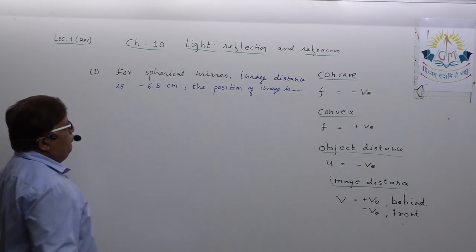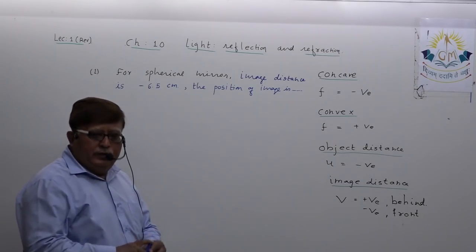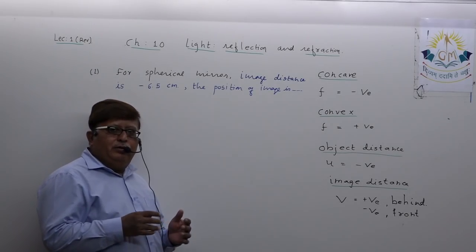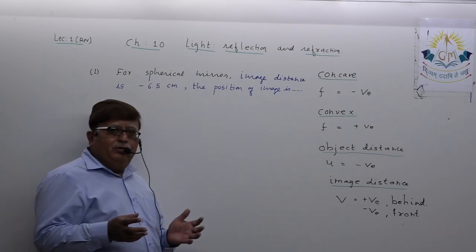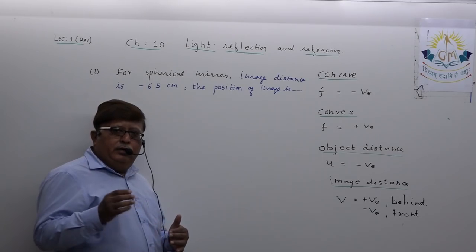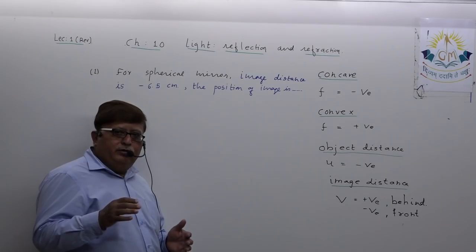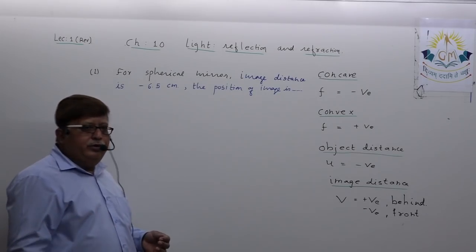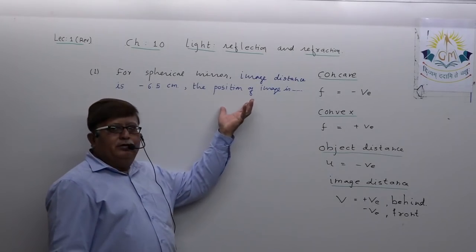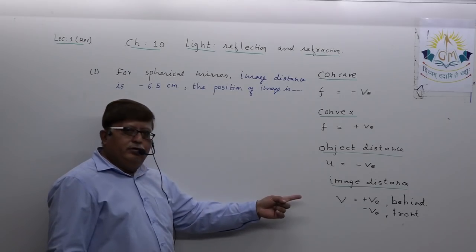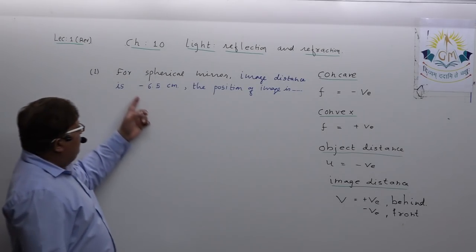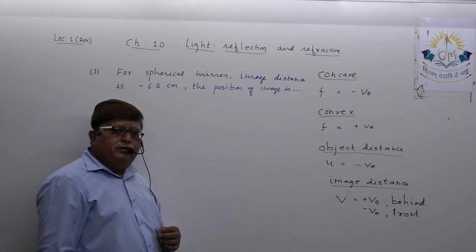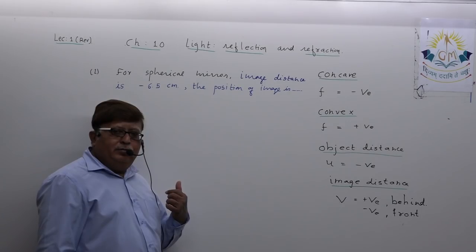An MCQ can be made in a simple way. For preparing an MCQ, you do not have to explore more and more reference books. No doubt exploring reference books will give you some mechanism of designing questions, but here is such a simple question to test your basics. The image distance is written as minus 6.5 centimeter. Can you guess where the image is formed?